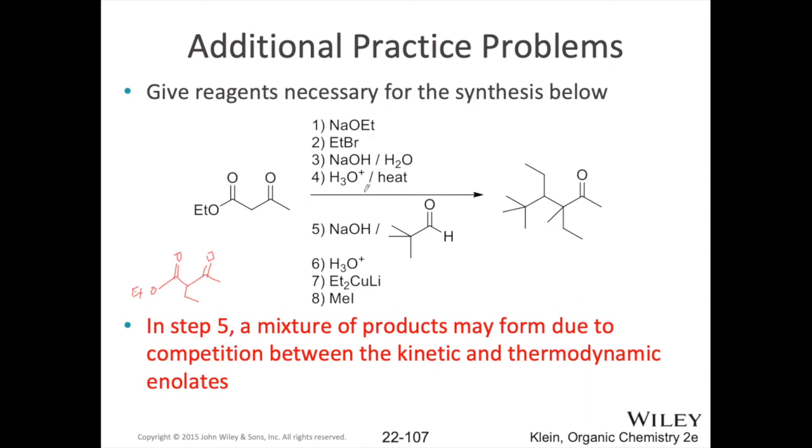Okay, so at this point over here, we've made this molecule, with our enolate over here. This can then attack this carbonyl over here, and that's what's adding on this part of the molecule, right?